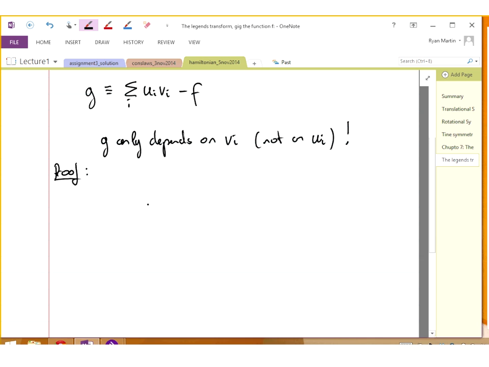So consider delta g. That's delta of the definition that we have: the sum from i equals 1 to n of u_i v_i, minus f.